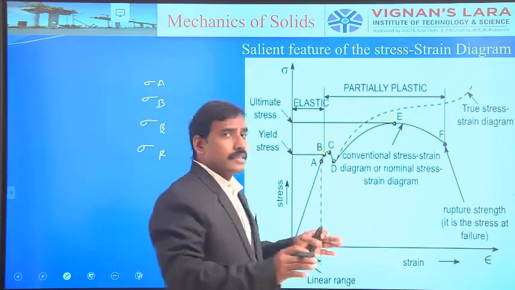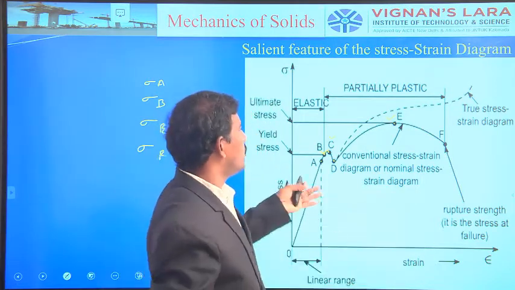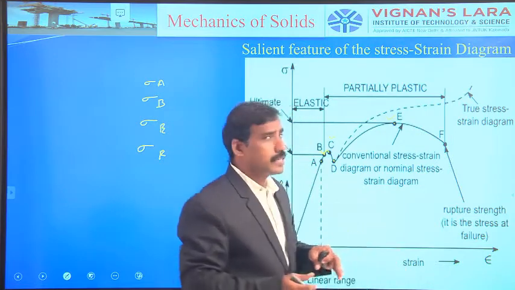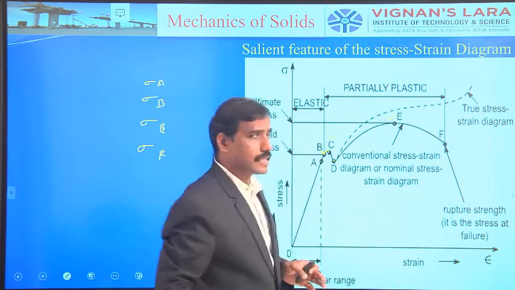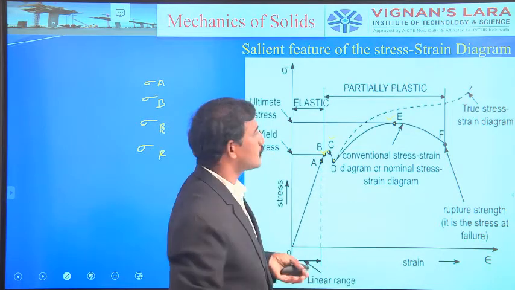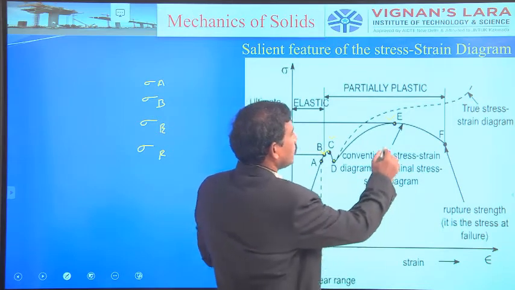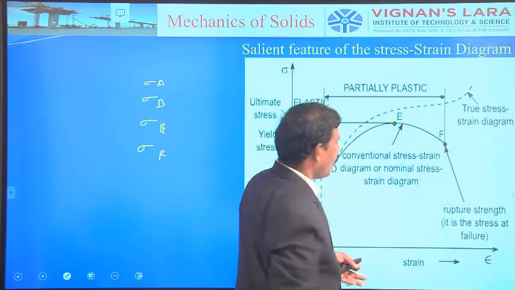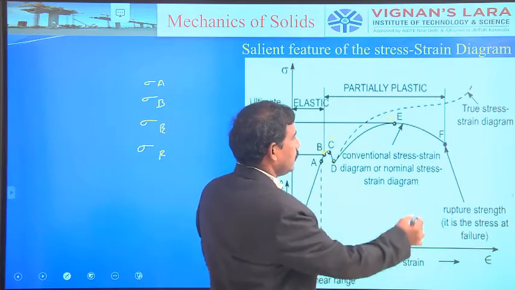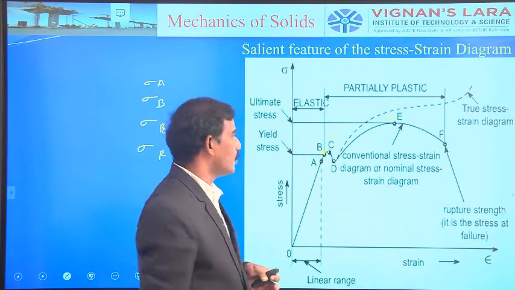It means even if you remove the force, the material doesn't regain its original shape and size. That property is called plasticity or plastic deformation, as discussed in the earlier class. Then further straining is caused by the load up to point F, where it is broken, or simply failed.